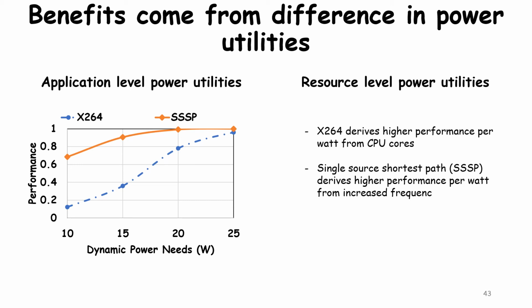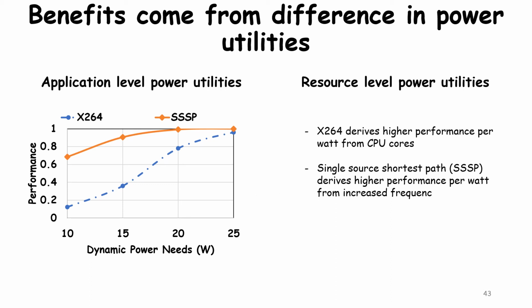We illustrate that using two applications, X264, a video codec benchmark, and single source shortest path, a graph benchmark. The x-axis shows the dynamic power allocated to the applications, and the y-axis shows their normalized performance with respect to no capping. As we can see, these two applications differ significantly in their power utilities.